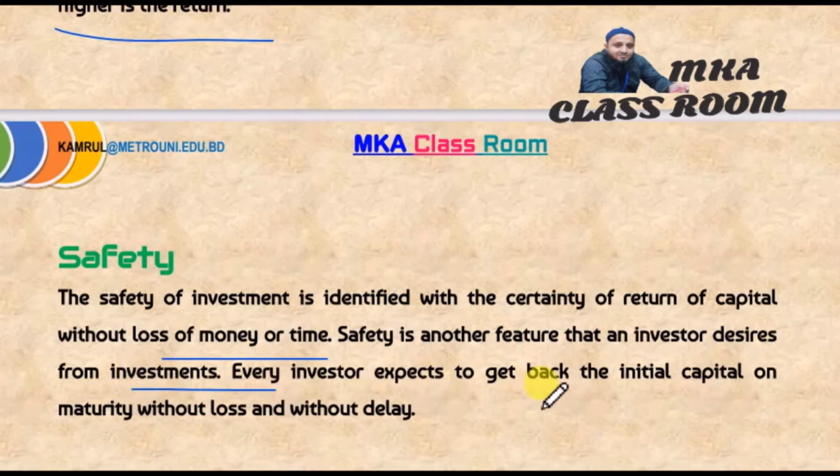Every investor expects to get back the initial capital on maturity without loss or without delay. So that is the safety. So everyone expects the principal amount from his investment without loss, without delay. That is the safety.